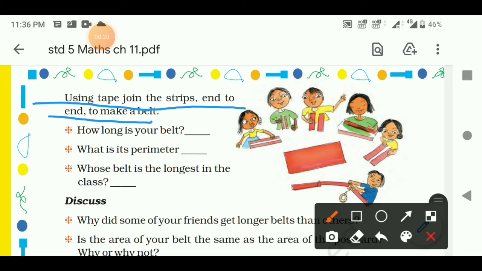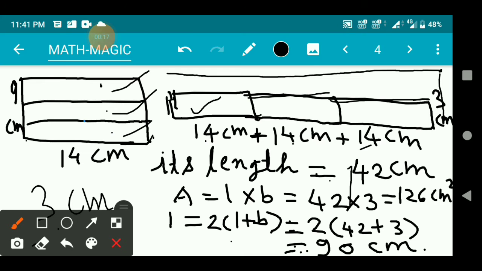Now the questions are, how long is your belt? What is its perimeter? And whose belt is the longest in the class? So let us solve all these questions. Now let us find out the perimeter. Here perimeter is equal to 2 into length plus breadth.